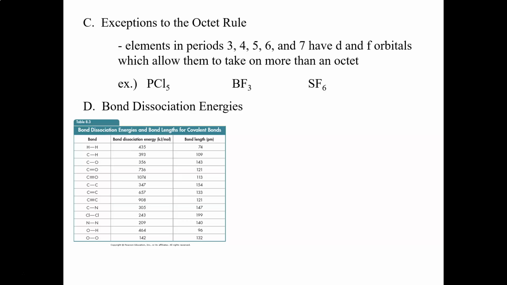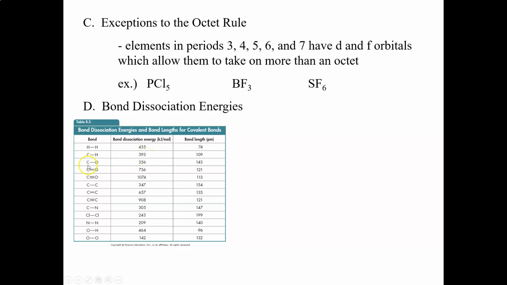It's just an amount. The key is we're doing a comparison, though, of all of these. So what I want you to do is start to look for trends. All right, so I have an H single bond H, takes 435 kilojoules per mole. A C single bond H is only 393 kilojoules per mole.